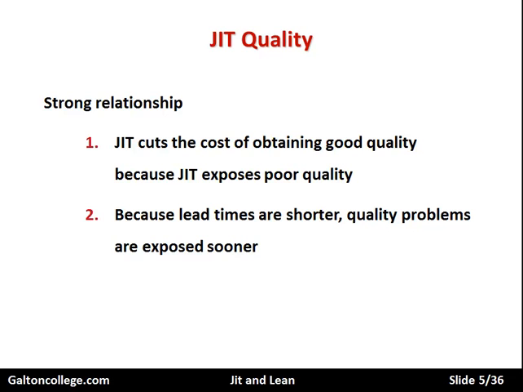Because lead times are shorter, quality problems are exposed sooner. Well, because the lead times, the time between placing the order and receiving it, are very short, then any quality issues are exposed immediately. People are producing just what's needed. The companies are producing just what's required, delivering them just on time.